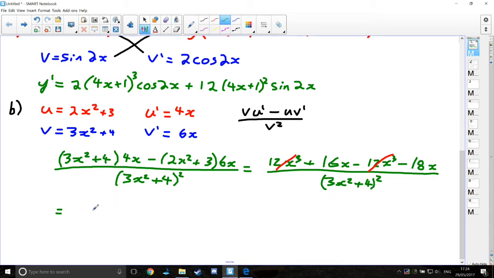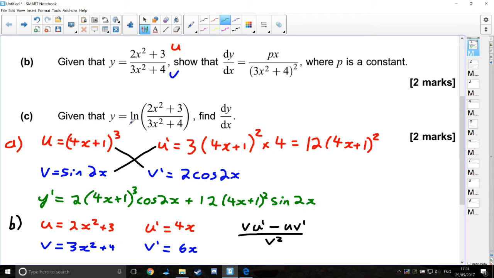So we have negative 2x on top for our numerator, and (3x squared plus 4) all squared for the denominator. That's that one done. Okay.